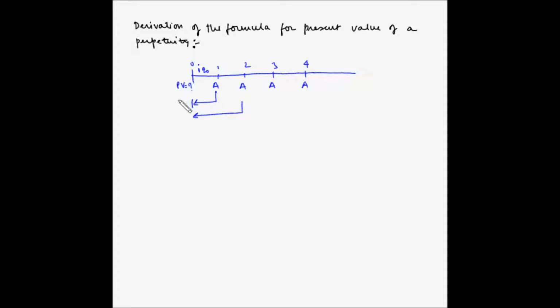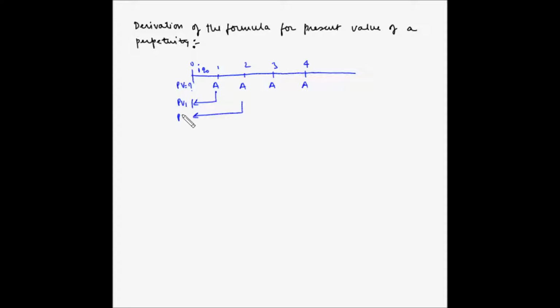So let's say this is PV1. So PV1, when put into a bank or any other form where we can get I% interest rate, will be converted into A at the end of the first year.